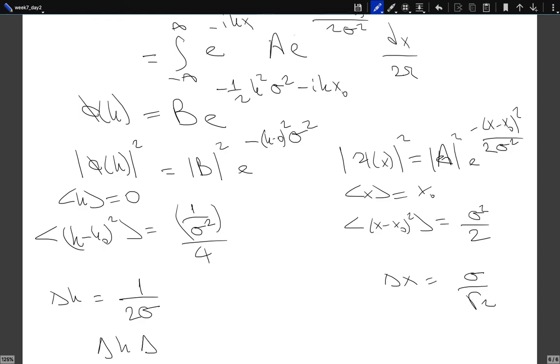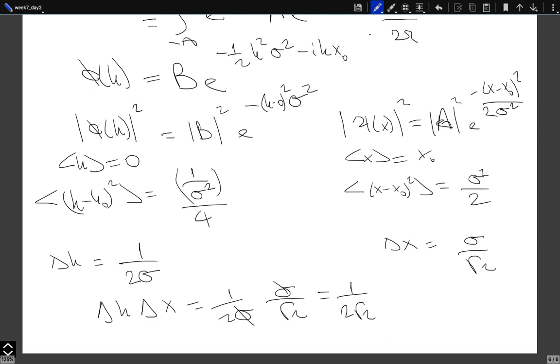So delta k times delta x is 1 over 2 sigma times sigma over square root of 2. The sigmas just cancel. Well, I have made a mistake somewhere, so you can just check the computation.